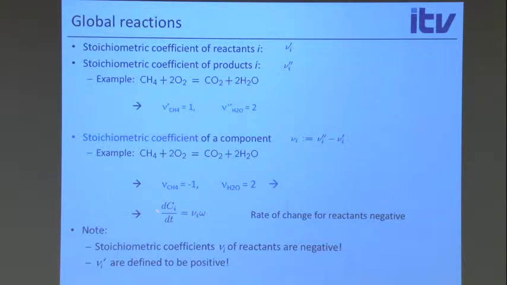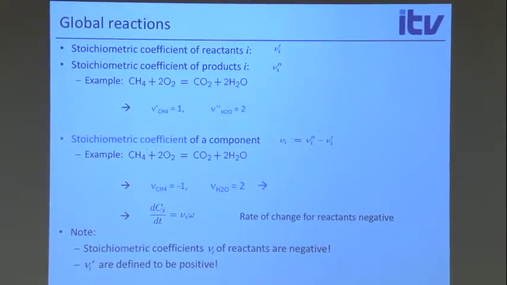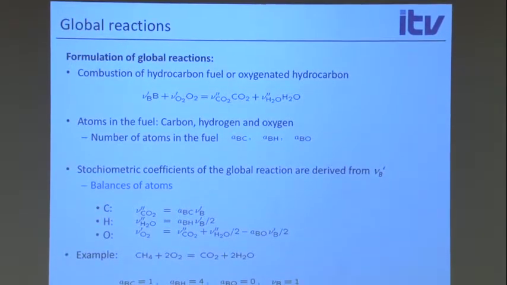That's why we can write the equation: the rate of change of the concentration is equal to the stoichiometric coefficient times the reaction rate. If this is negative, the species will be consumed, and if it's positive, it will be produced. So nu can be positive or negative. The primes are always defined to be positive. Just something to keep in mind.